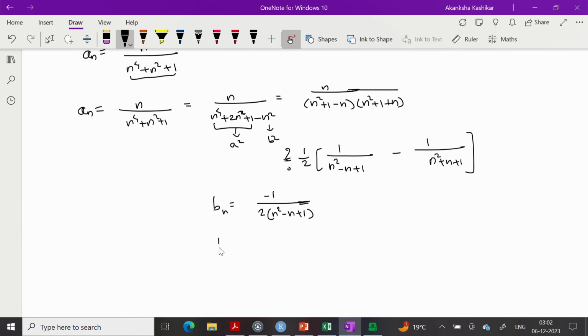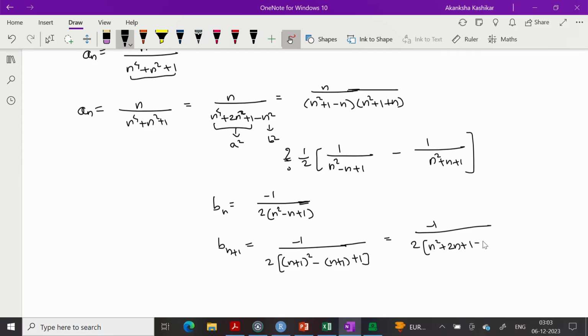Whereas with this bn, now bn plus 1 will be minus 1 upon 2 into bracket n plus 1 whole square minus n plus 1 plus 1, which is equal to minus 1 upon 2 into n plus 1 whole square will be n square plus 2n plus 1 minus n minus 1 plus 1.